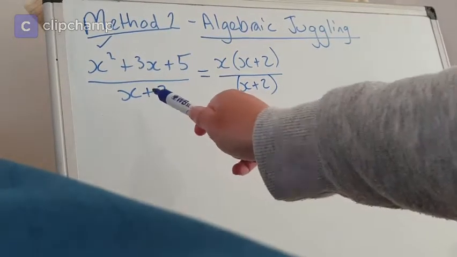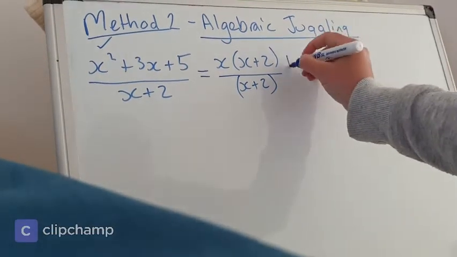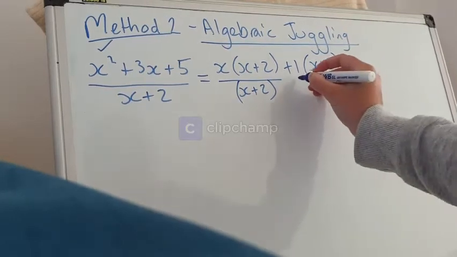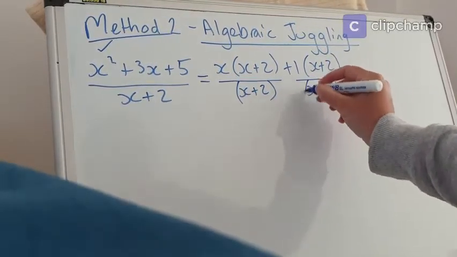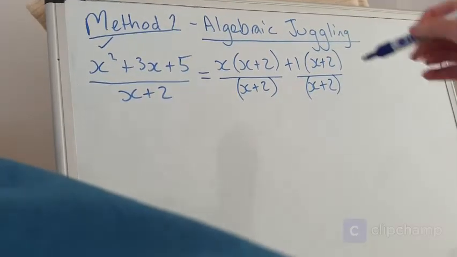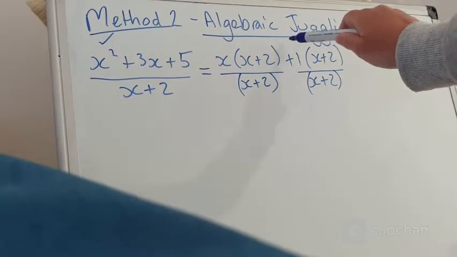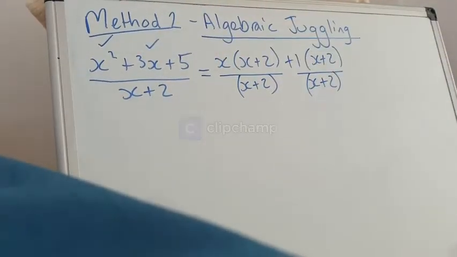Because it's already got an x term, we would just multiply it by 1. So I can say plus 1 times the denominator, and again, to keep it balanced, I keep it all divided by the denominator. So I double check: I've got my x squared, I've got 2x, plus another x, which gives me the 3x I'm looking for.